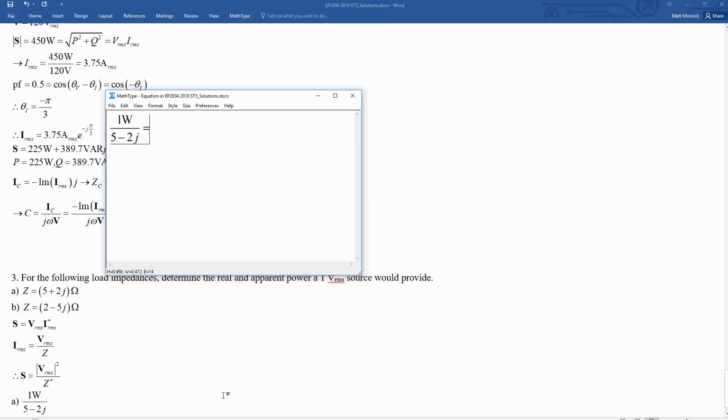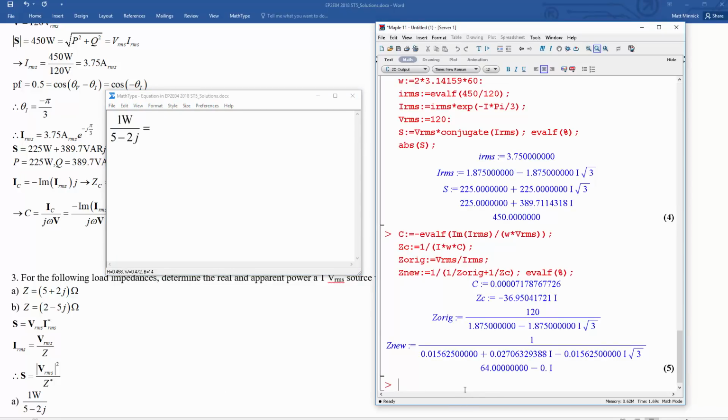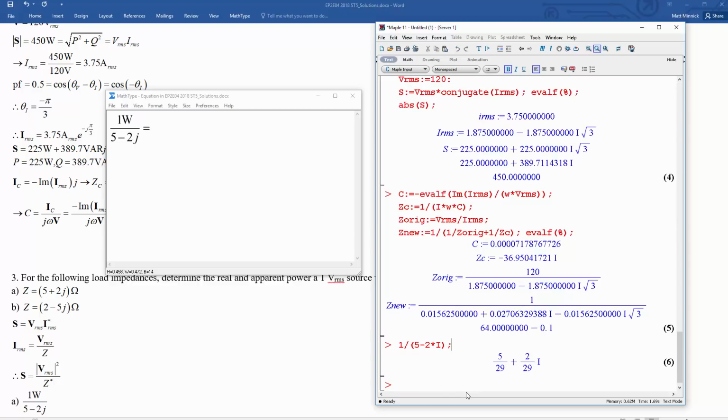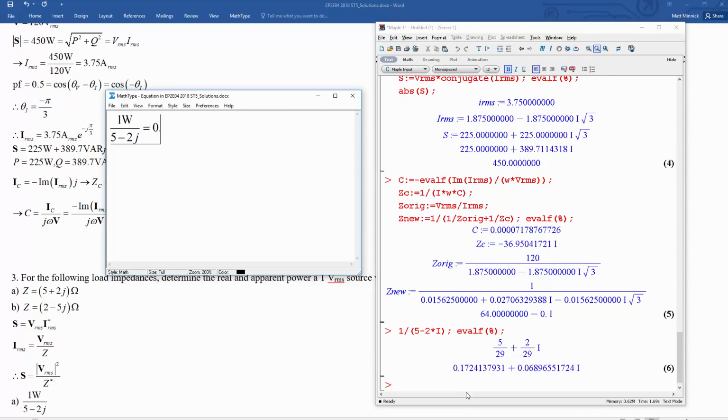So 1 divided by 5 minus 2j, we can work that out. 1 over 5 minus 2j is 0.172 plus 0.0690j. And this is in watts and volt amp reactive. So this is telling us exactly what the real power and the imaginary part is.